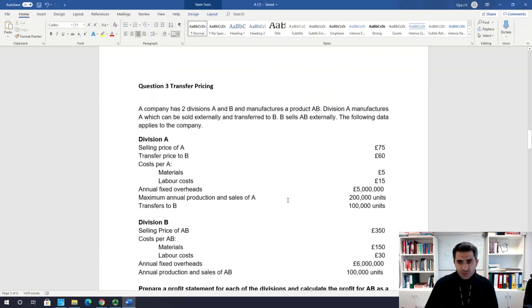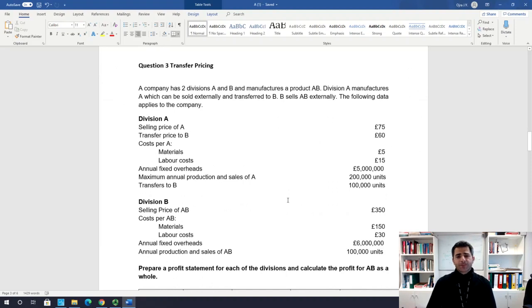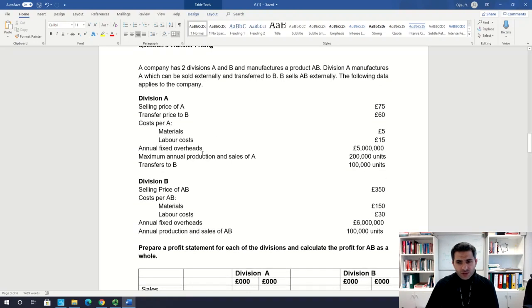Let's jump to question number 3. We've got two divisions, A and B. They manufacture a product called AB, and they sell them externally, division B. These are all the details, guys. A, the selling division, £75.